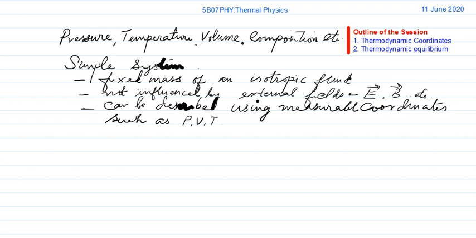Hence, such systems are also known as PVT systems, pressure, volume, temperature systems.